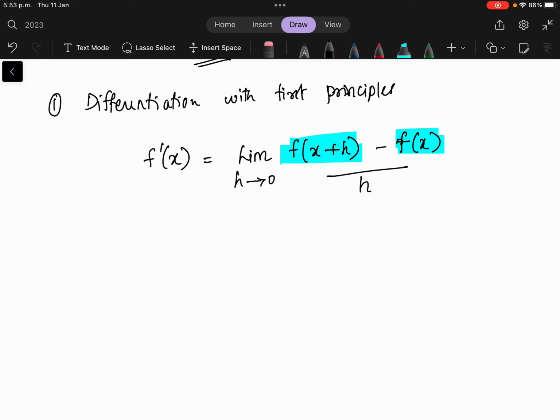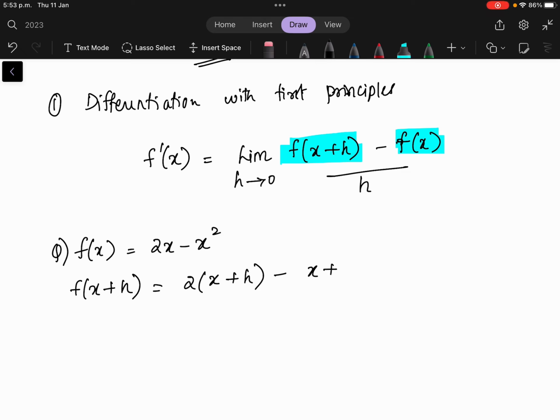So let's see how it will work in a specific case. Suppose I have a question, f of x is equal to 2x minus x square, and I have to differentiate this with respect to first principles. First I should find f of x plus h. So f of x plus h means you are substituting the value of x plus h in the places of x in the above equation.